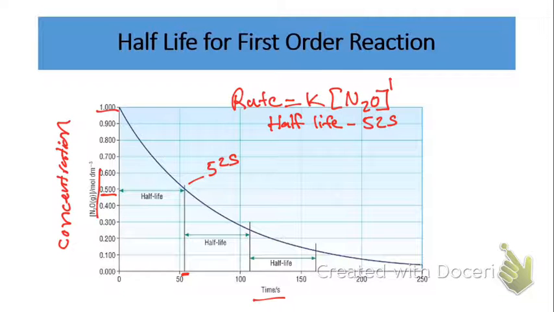All right, so every 52 seconds the concentration should be cut in half from there on. So after what we call the first half-life, there should be 1/2 of our reactant remaining.